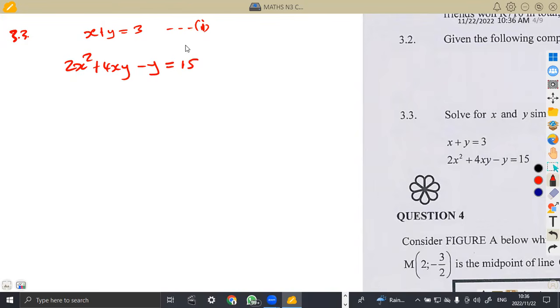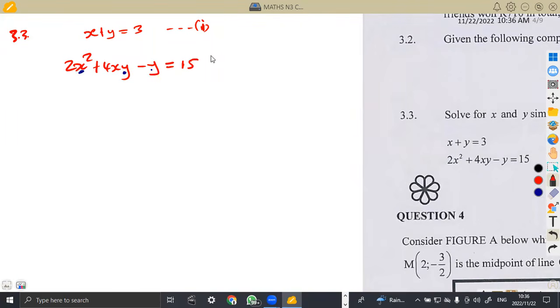So it depends on what you can make the subject of the formula. Is it x that you want to make the subject? Is it y? It depends on you. But as for me, making y the subject was easier because here I have y, but take a look at x, there is x squared, which means whatever you substitute, you're supposed to square it, which is going to take us time.